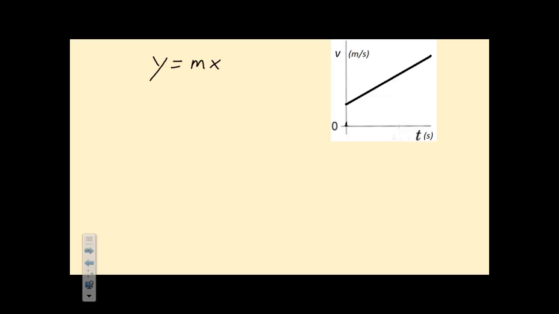the equation for a straight line, or y equals mx plus b: the y, whatever is on the y-axis, is equal to the slope of the line times whatever is on the x-axis plus the y-intercept. For this particular graph, a velocity versus time graph, the stuff on the y-axis is the velocity.